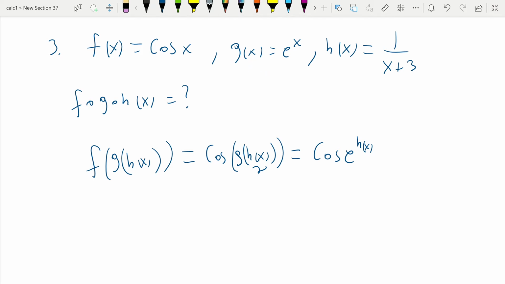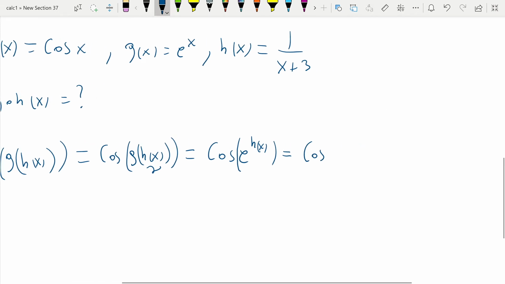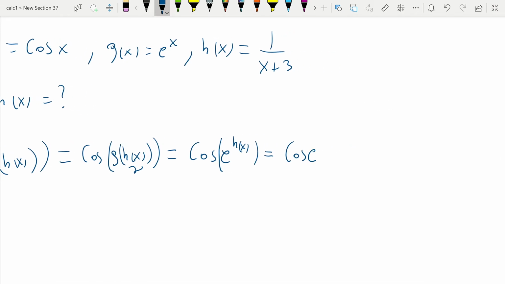In this case, it's h of x, so we're simply writing e to the h of x. Now, what is h of x? h of x is 1 over x plus 3.